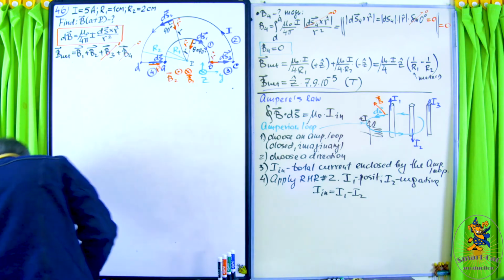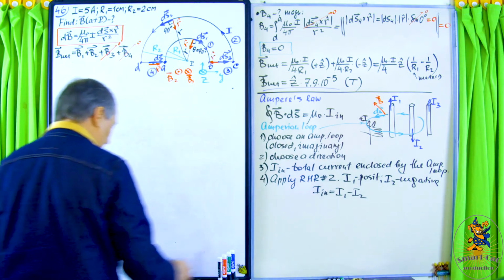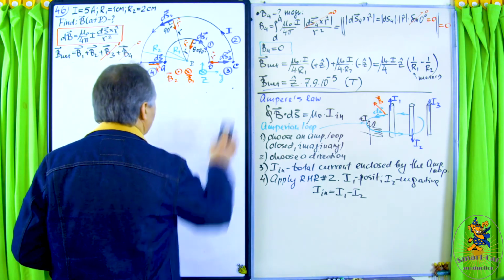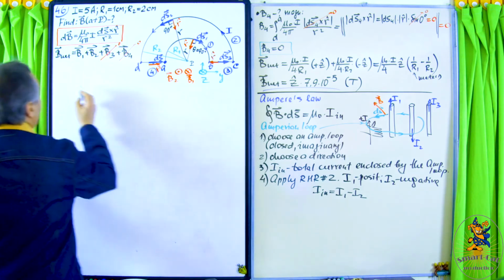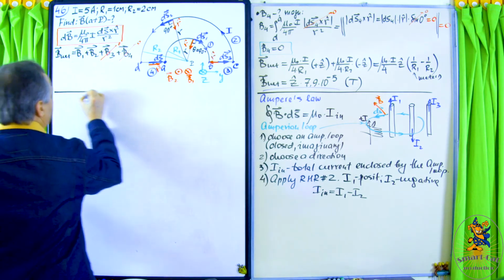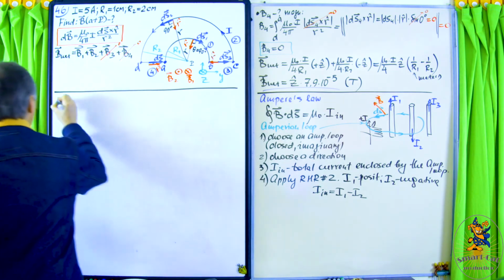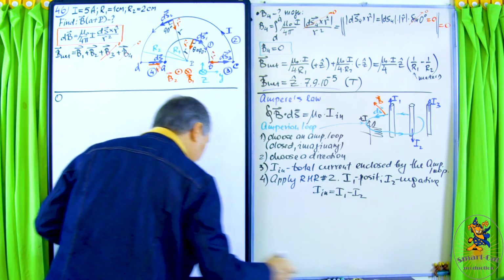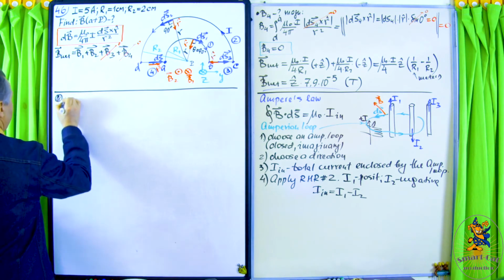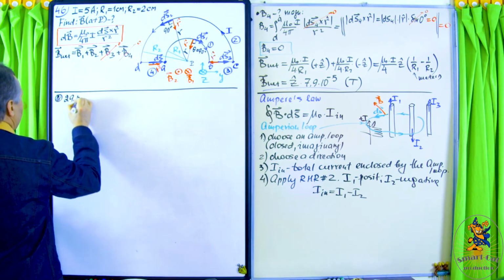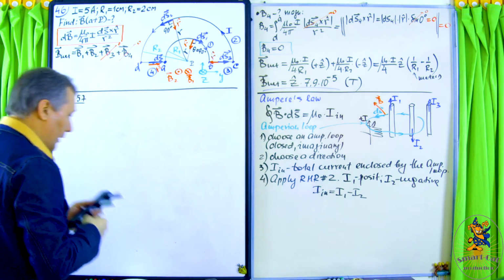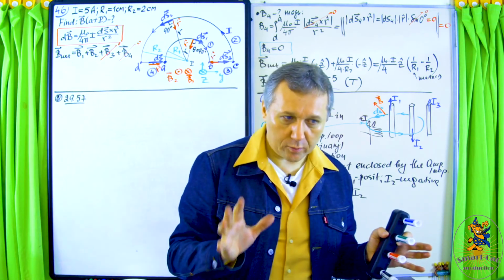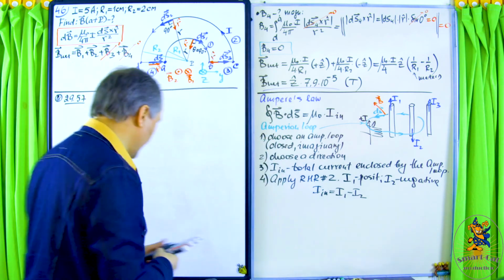I prepared a few things which can help me to draw a better picture. Let me separate it like this. I think it's problem 29.57, an infinitely long wire with a concentric hole.